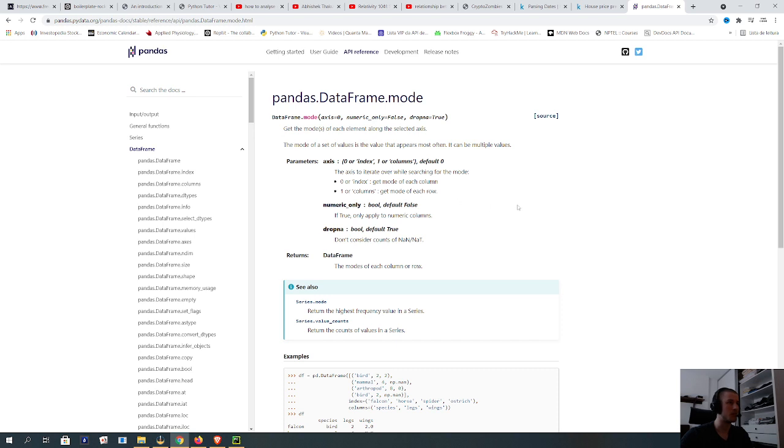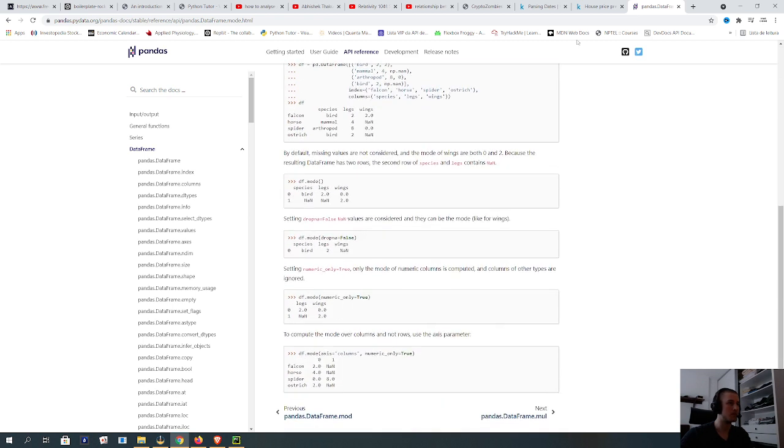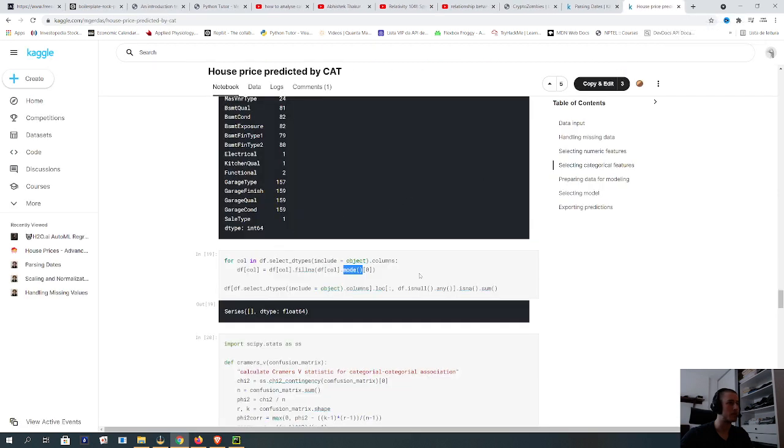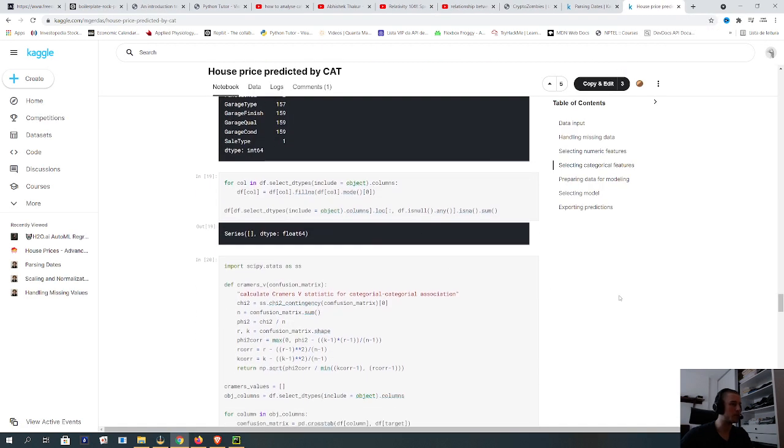Get the mode of each element along the axis. The mode of a set of values is the value that appears most often. It can be multiple values. Oh, yeah. So he's replacing the null values with the value that appears most often in the rows.